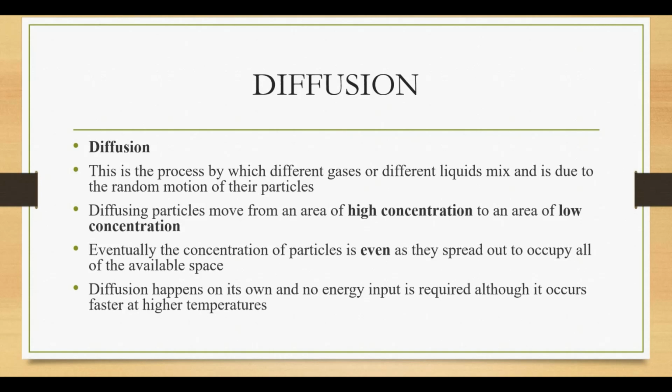If you look into diffusion in more detail, we call diffusion the movement of particles from a region of their higher concentration to a region of their lower concentration, down a concentration gradient. The constant random movement of particles and their kinetic energy allows diffusion to occur. Ultimately, this means particles will spread out from one place to another.